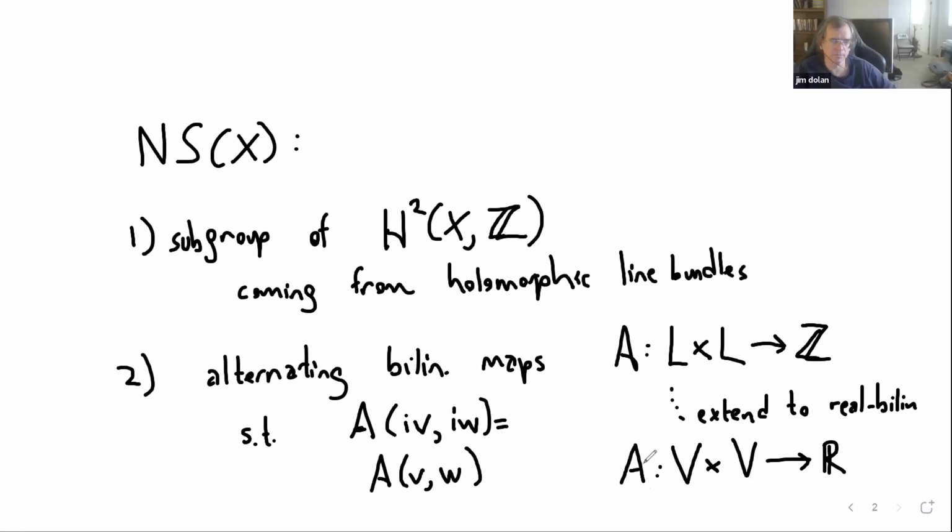The little fact one uses is that whenever one has an anti-symmetric bilinear form like this, which has this property, then it's the imaginary part of a unique sesquilinear map from V times V to C. That's just some fiddling around with algebra to define it and to get back.